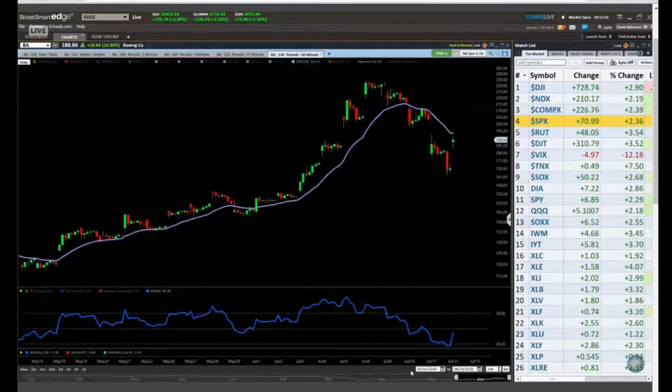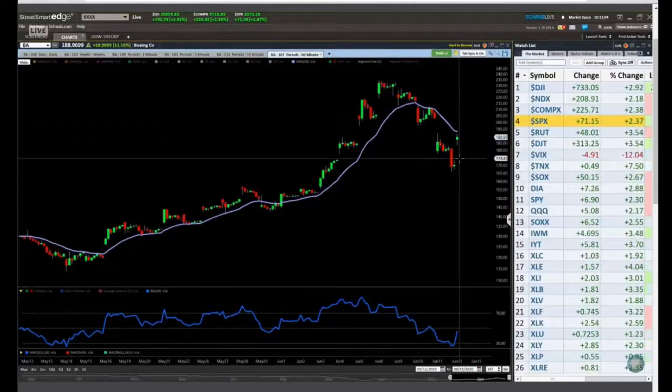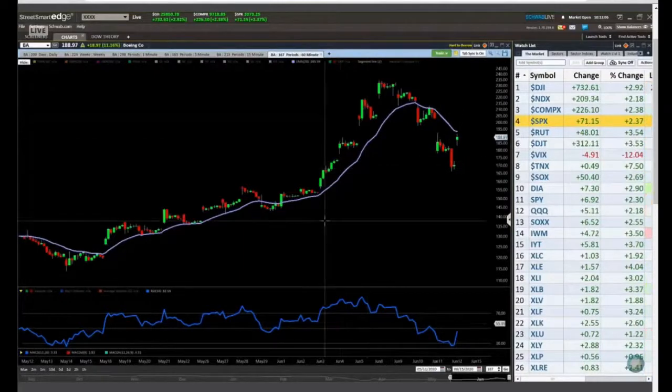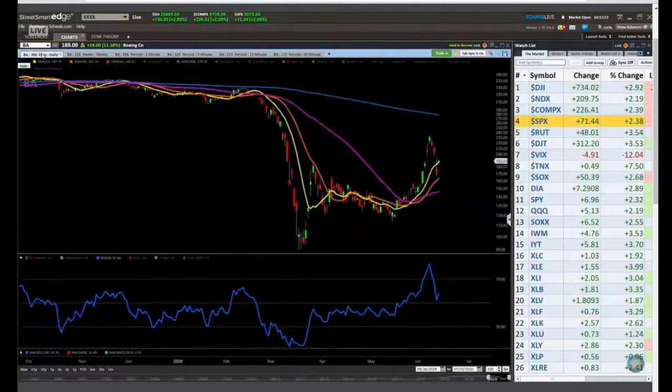Look at that. It rallied right to it and is taking a little bit of a breather. Since it's been below it, you can see the purple line acting as resistance. So check your time frames, find the time frame you want to trade. But there are a lot of different levels to consider here for sure.